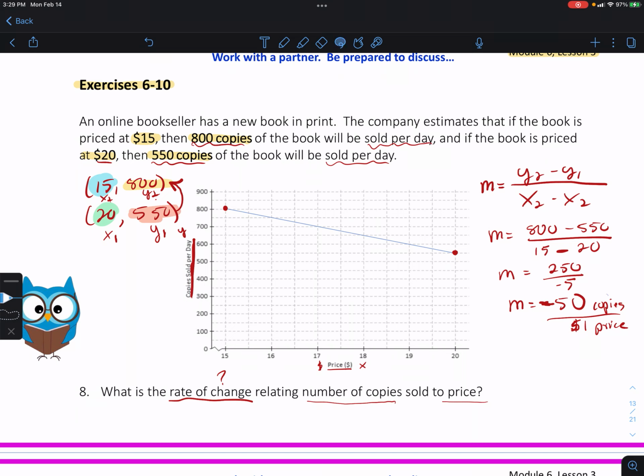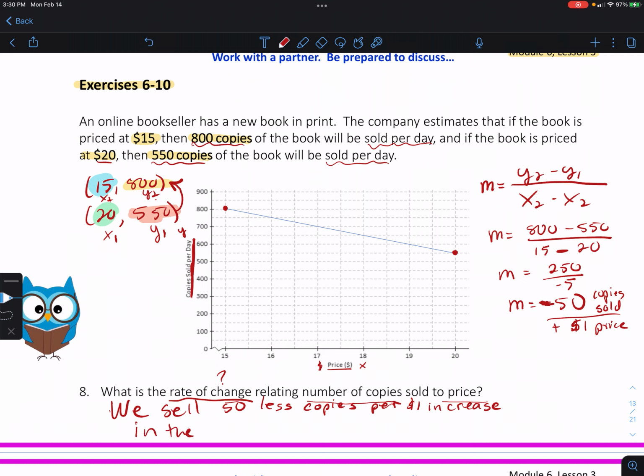Just using our variables here to help me figure that out. So we sell 50 fewer copies per $1 increase in the price.